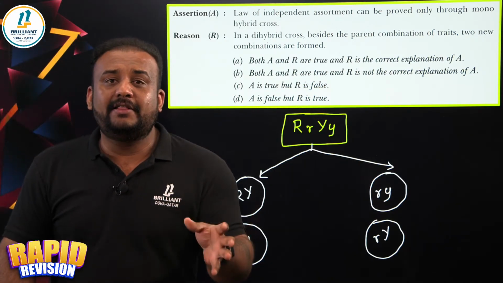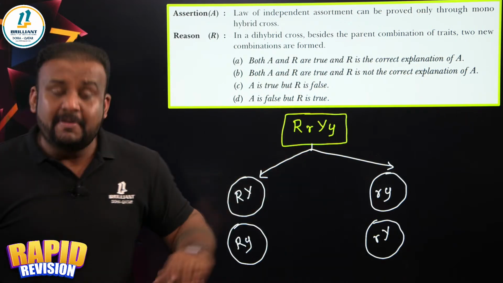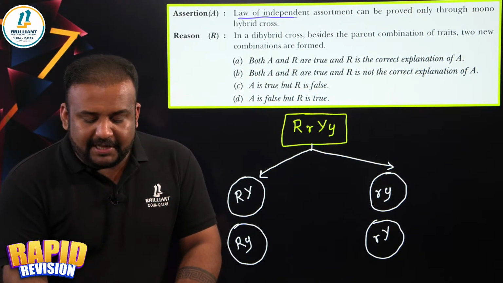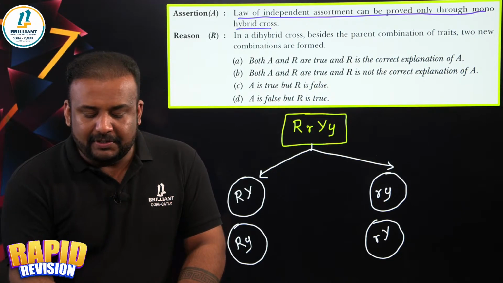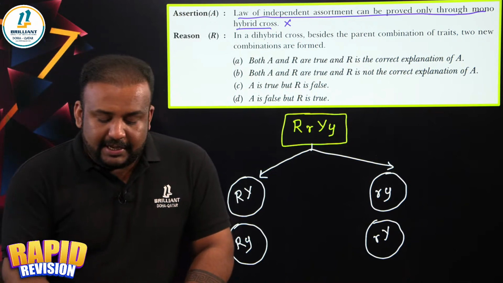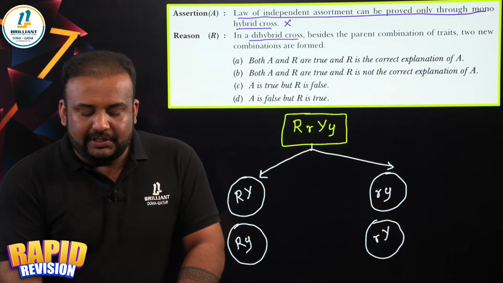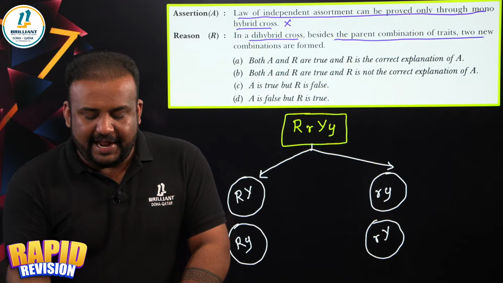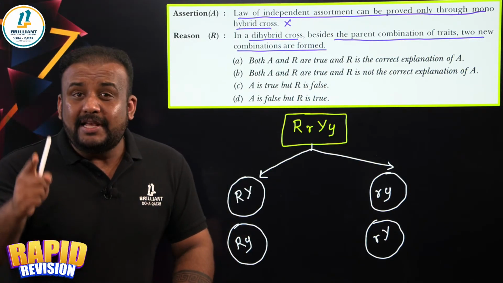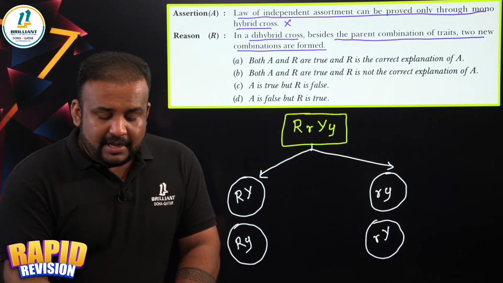Okay, great. The conclusion of independent assortment came from dihybrid cross. But look at the statement given here. It says law of independent assortment can be proved only through monohybrid cross. That is wrong. Now, the reason given is in a dihybrid cross, besides the parent combination of traits, 2 new combinations are formed. Is that true? Do you remember the results of dihybrid cross?